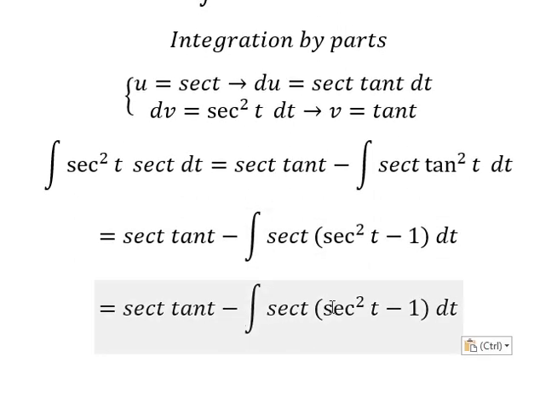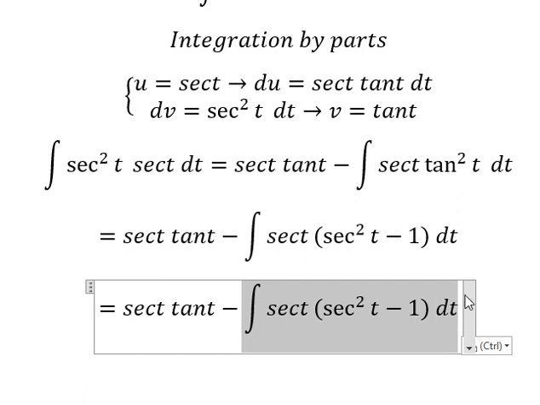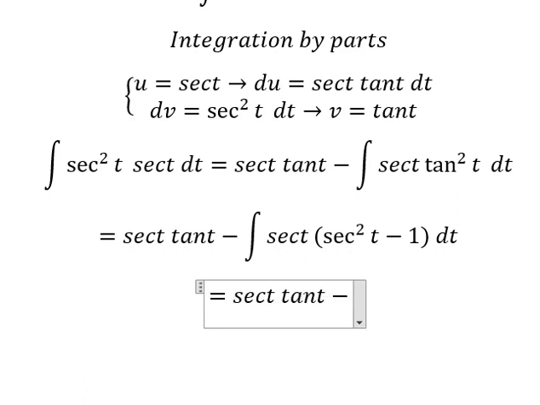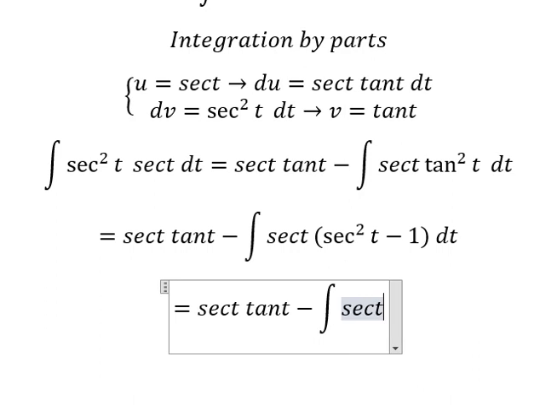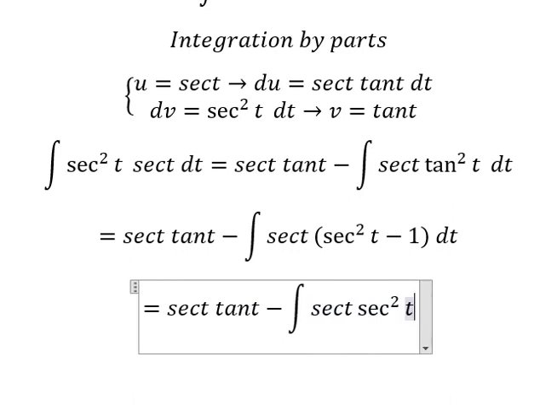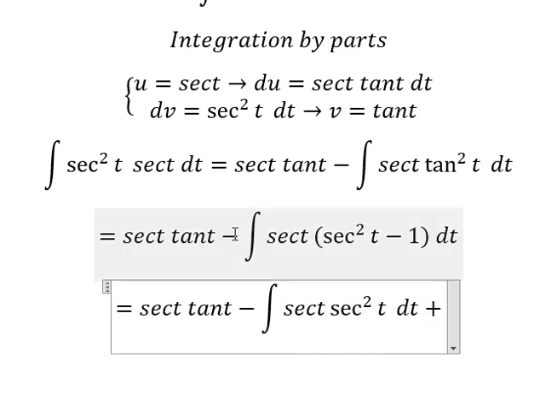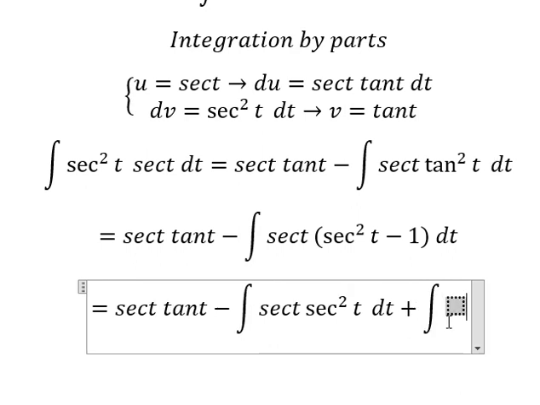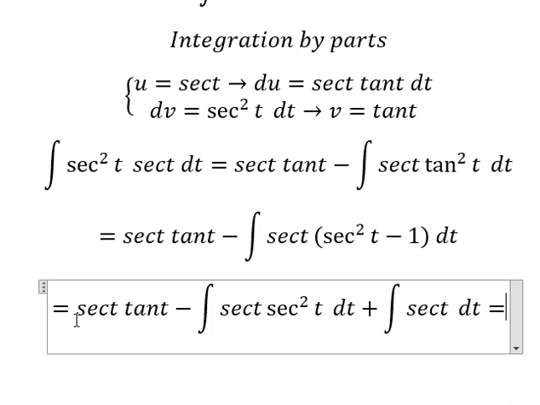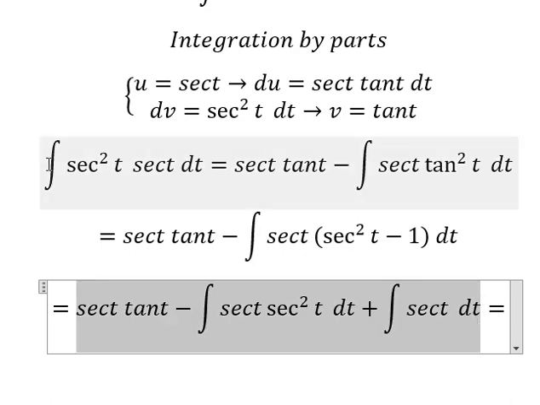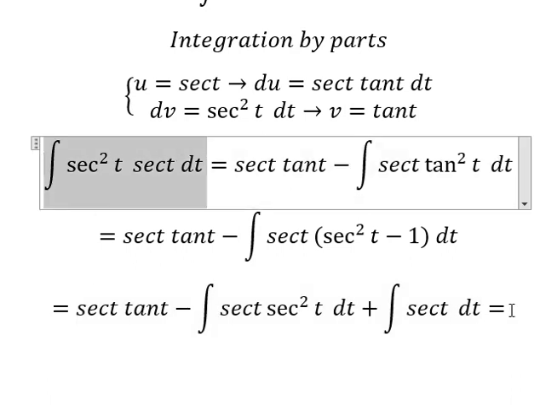we need to expand this one, and we have like this. Negative and negative, we have positive. And we know that this one equals to this one.